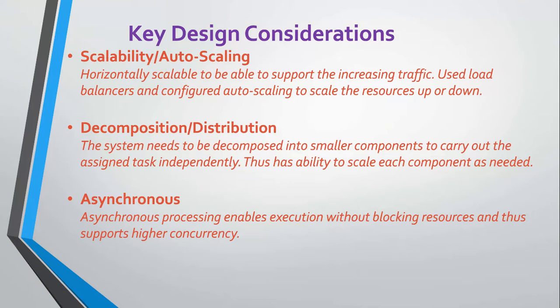We don't know when the traffic will increase or when it will decrease, and it is very dynamic in nature. With respect to cost and infrastructure necessity, it is important to enable the autoscaler, and that's what Hotstar did. They also used load balancers and configured auto scaling to scale the resources up and down.